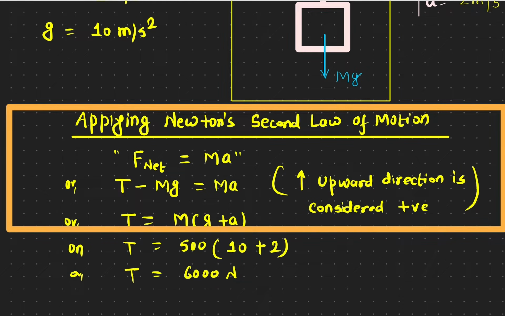So now what happens if the elevator was not moving? If the elevator were not moving, how much tension would it have? So I can calculate that one quickly. In that case, if the elevator was not in motion, then the tension would be simply equal to m times g, or m is 500, g is 10, so it would be 5,000 Newton.